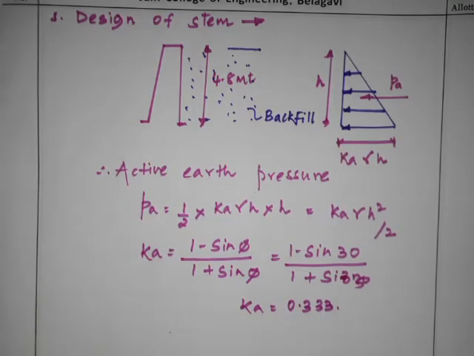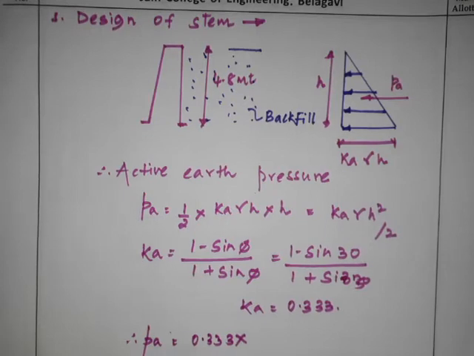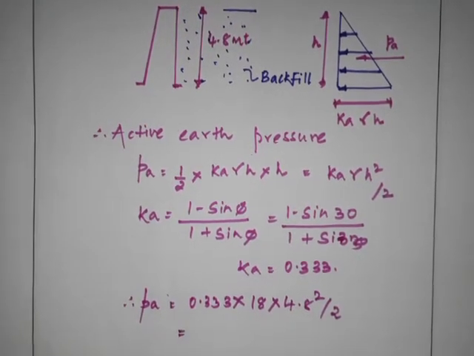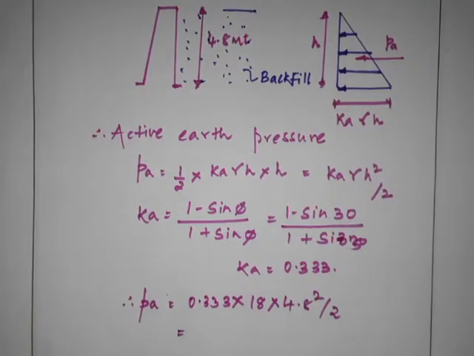Therefore, PA is equal to K, which is 0.333, into density of soil, which is 18, K into gamma into H, that is 4.8 square by 2. I will just calculate here.